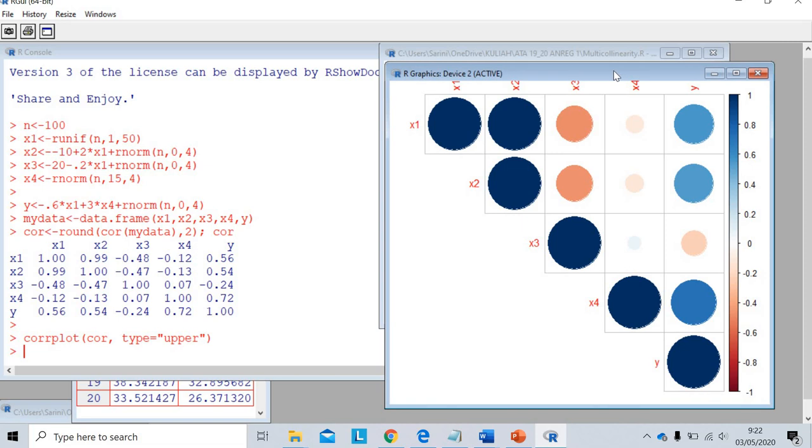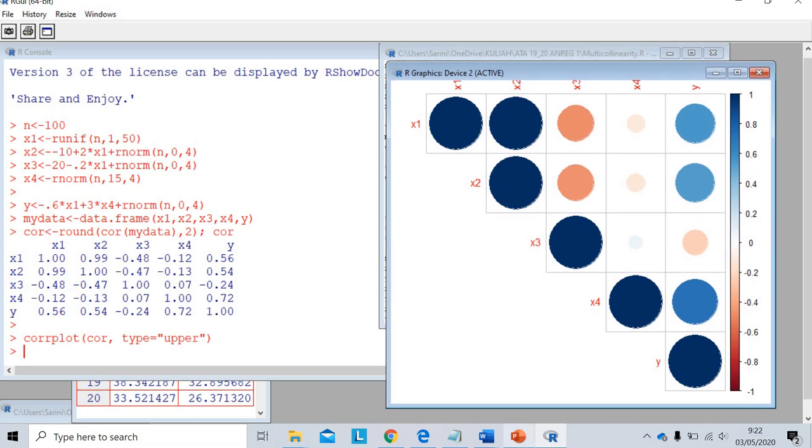One way to avoid that problem is this: although x2 is a good predictor for y, since x1 and x2 are really highly correlated, we can just exclude either one of them, either x1 or x2. It's not a problem because x1 and x2 share almost the same information, so we don't need them both in the model.